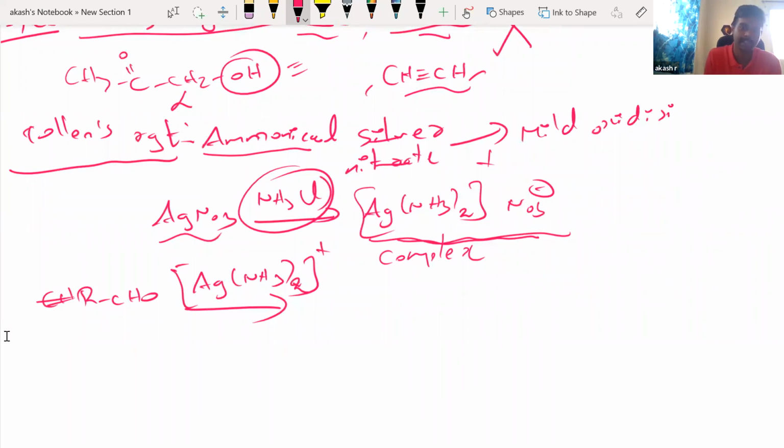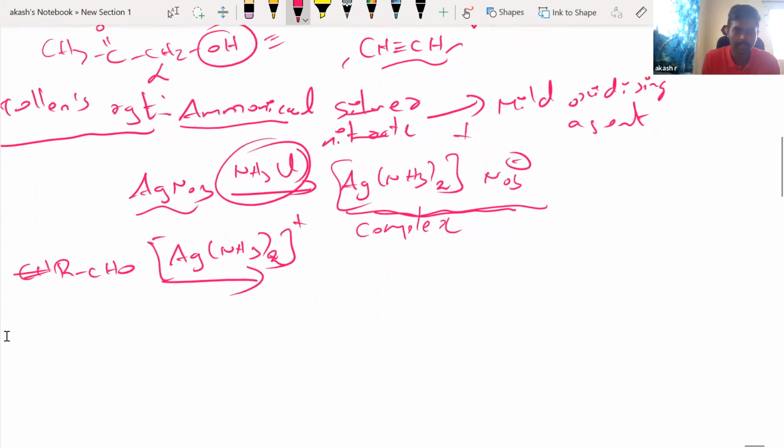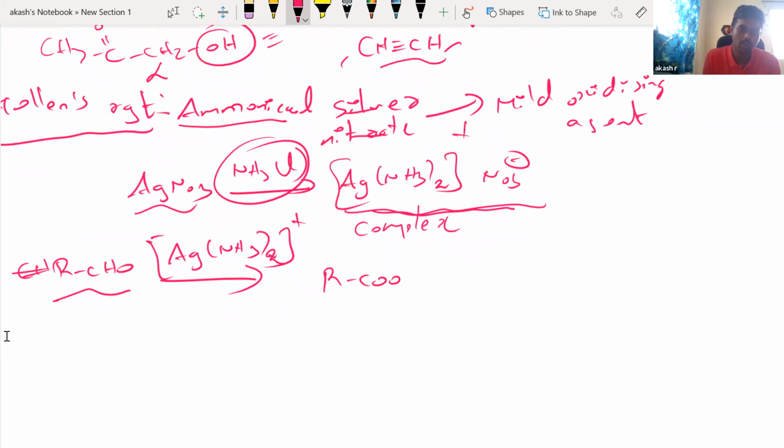That's why we're studying it under oxidation. Whenever we have aldehydes and an oxidizing agent, it goes to the corresponding carboxylic acid. So this is very simple: the aldehyde will form RCOOH.